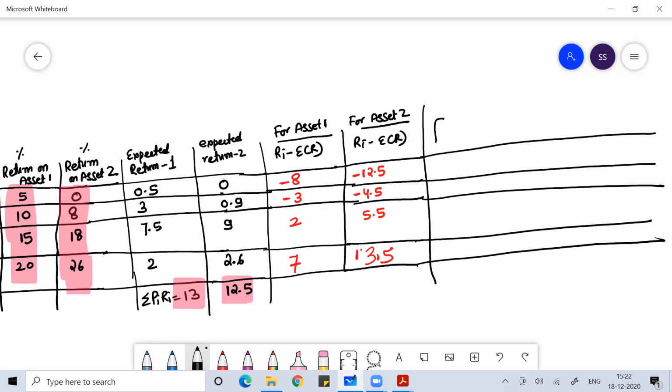Now find Ri minus ER of x, multiplied with Ri minus ER of y, and multiply this with probability.